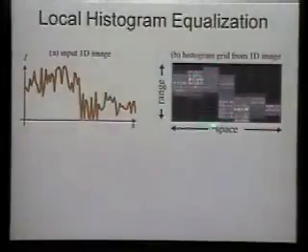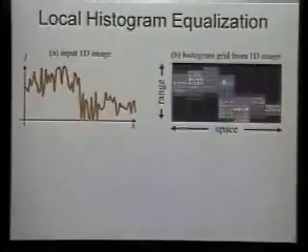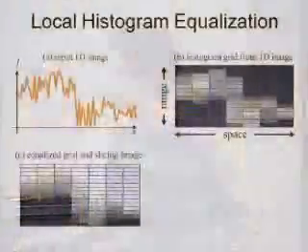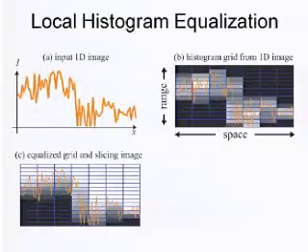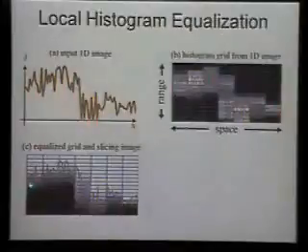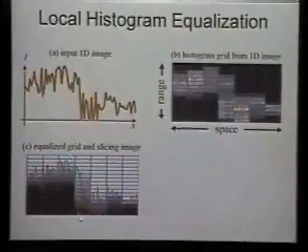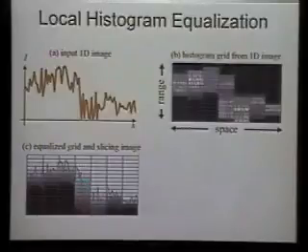We run histogram equalization on each column, which means that we have this remapping where at the bottom it's black, at the top it's white, and this covers exactly the spread of the pixel values in each column.